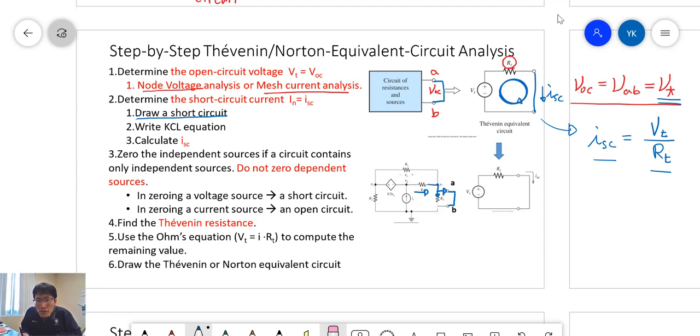So what do you think? Will the current go down through the resistor, or will it go to the short circuit? Current will go to the short circuit only because there is no resistance.